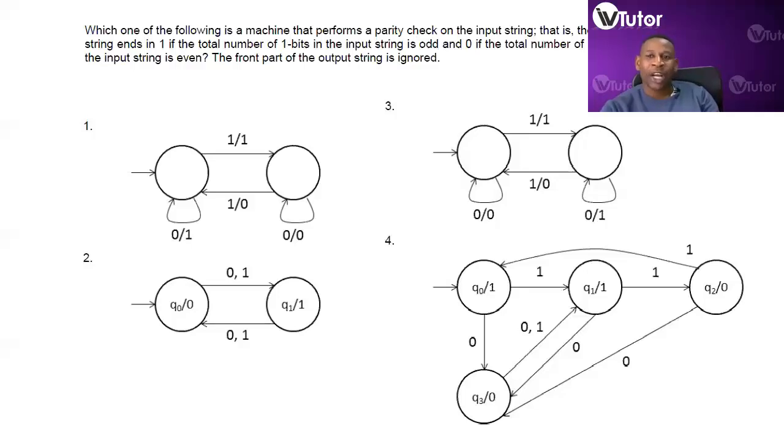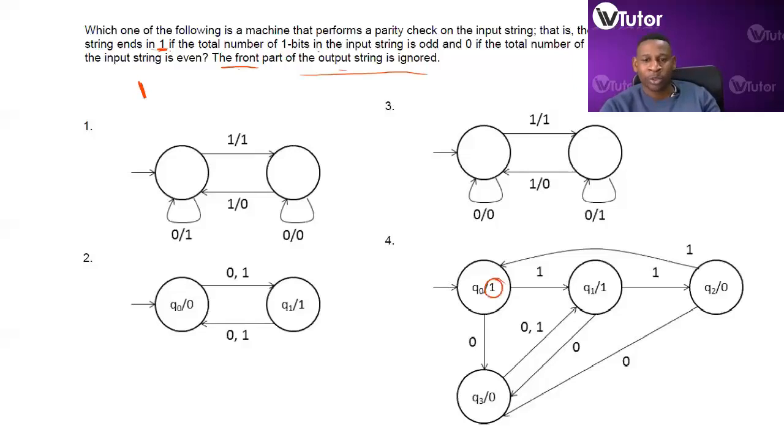That is, the output string ends in 1 if the total number of 1 bits is odd, and 0 if the total number of 1 bits is even. The front part of the output string is ignored. They're saying we're given both Mealy machines and Moore machines, and the front part is ignored.